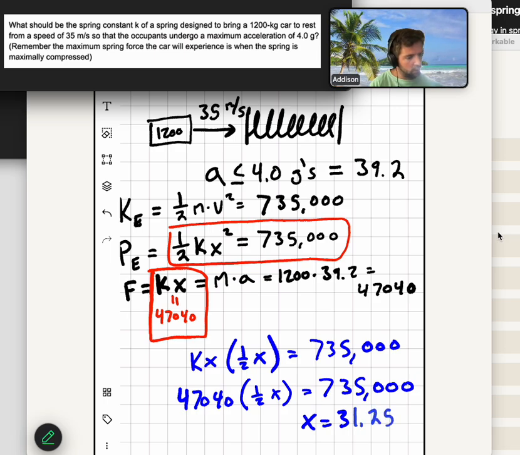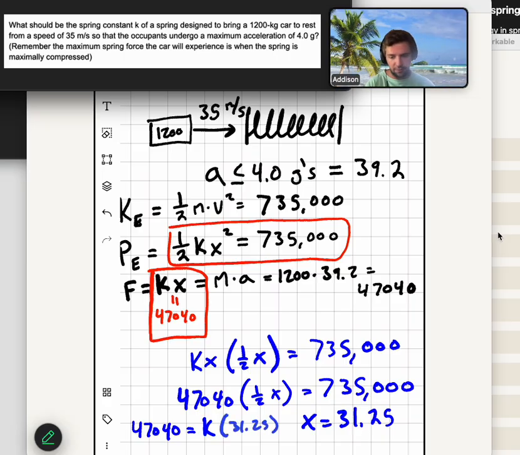And then we know that kx is equal to 47,040, so we simply set that equal to k times 31.25, and we divide by 31.25, and we get 1,505. And of course this will be in newtons per meter since it is the spring constant.